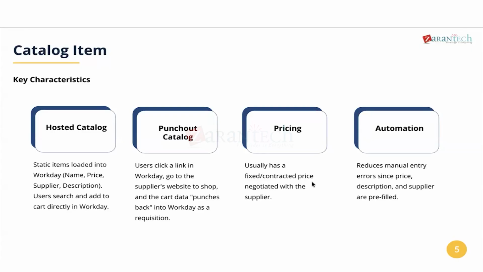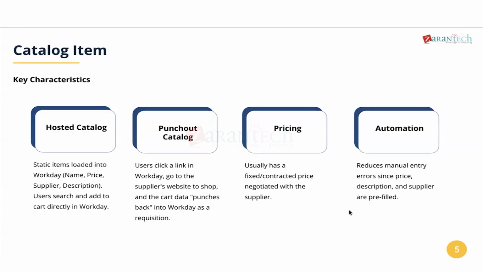For example, for a service you cannot have static pricing like a physical good. If a laptop costs me $1,000, I cannot do the same for a service. So based on whatever you are buying, the prices are already negotiated with the supplier.